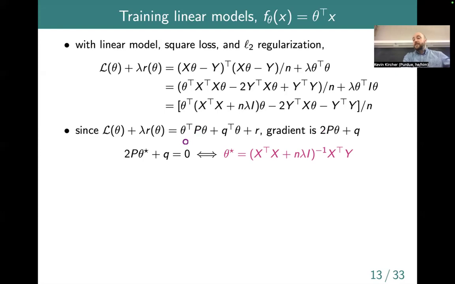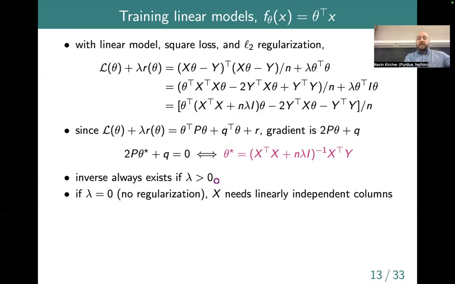This turns out to be a convex quadratic function, as long as this weight matrix P is what's called positive semi-definite. Because of the particular structure of this weight matrix, you can show that it always is positive semi-definite. So this is a convex quadratic function. That means we can take the derivative, set it equal to 0 and solve, and we get the optimal value of theta. There's an analytical expression for this, and you can compute it very quickly.